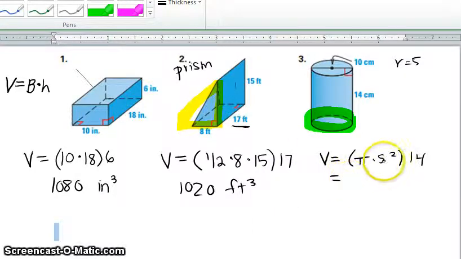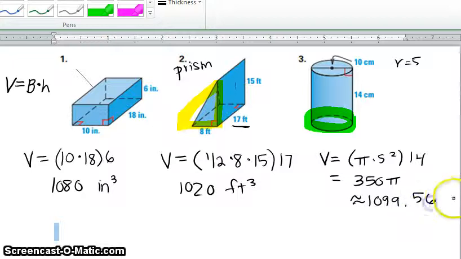So when we multiply that out, 5 squared is 25, and 25 times 14 gives me 350 pi. And if I round that, I get 1,099.56, and those would be centimeters cubed.